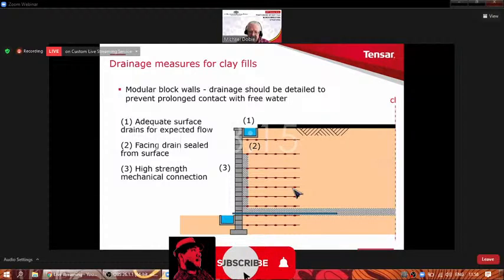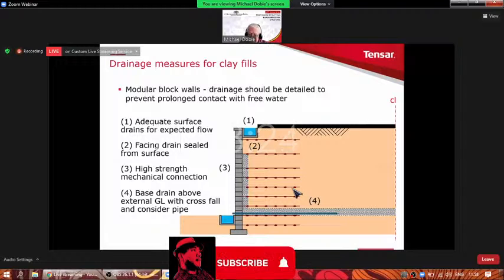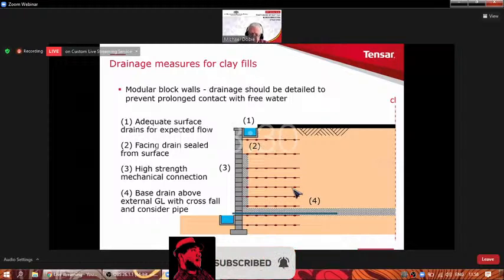And then the basal drain, it's far more effective to place it at a level whereby it can easily drain to the outside into, say, a drain at the toe. And you can even consider putting in some slotted pipes, maybe wrapped in a geotextile, to help encourage that drain essentially to remain empty. So these details are really quite important when it comes to drainage for clay fills.